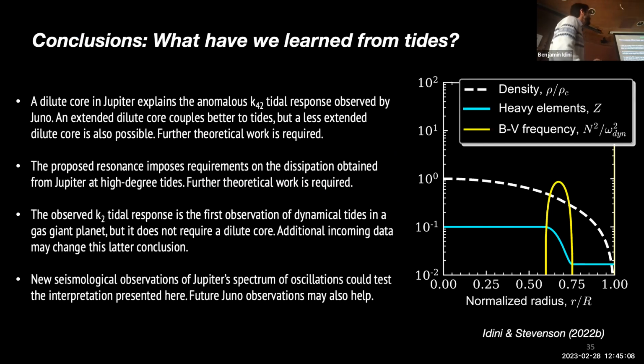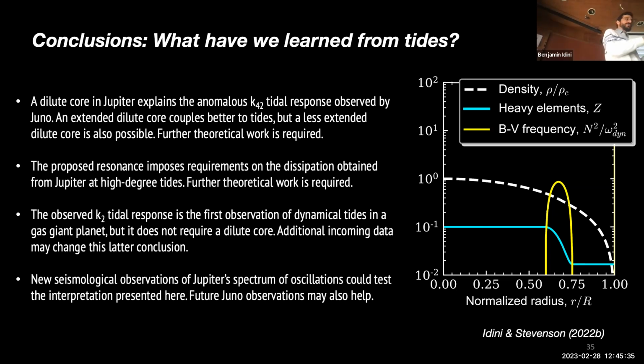Now, just to review some of the conclusions, what have we done? What have we learned from the tides uniquely? So first of all, we have, for the first time, an observation of dynamical tides. It doesn't tell you what the structure of a planet is, but it tells you that you have this process and validates a lot of uncertainties that we had before regarding how planets migrate.